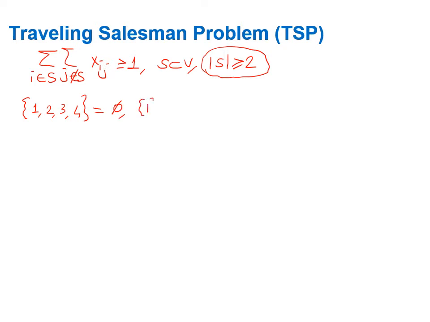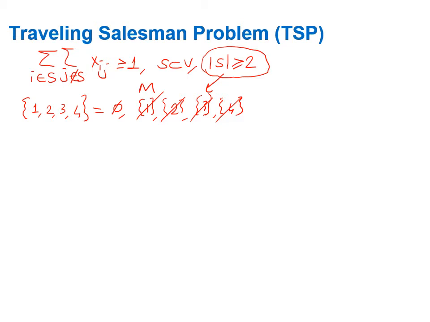So the 1, 2, 3, and 4 are also subsets. But because of this, I don't need to write the subtour elimination constraints for these subsets, because we already put a big M value for these switches and we avoid them.